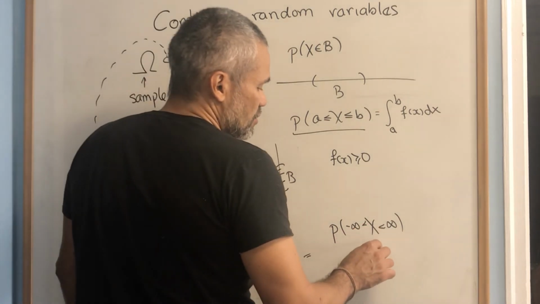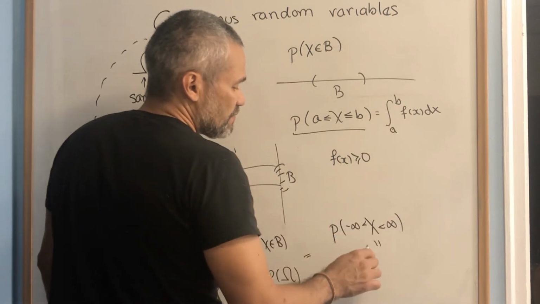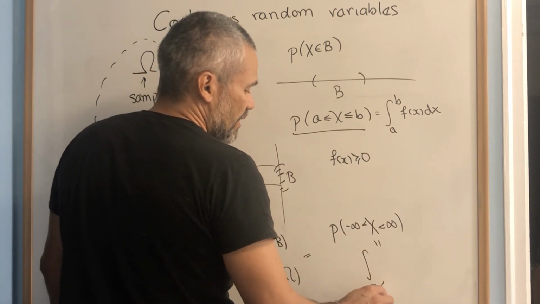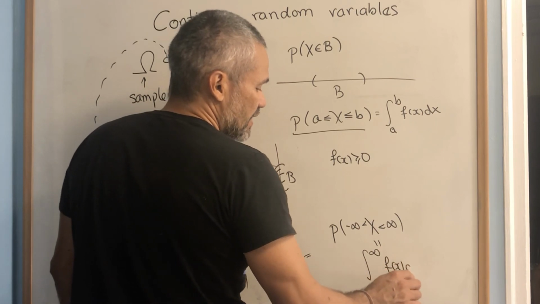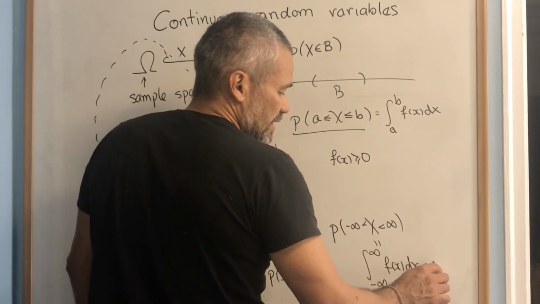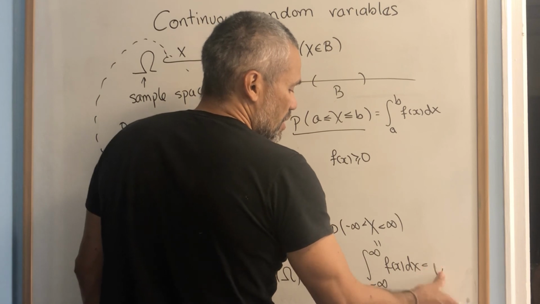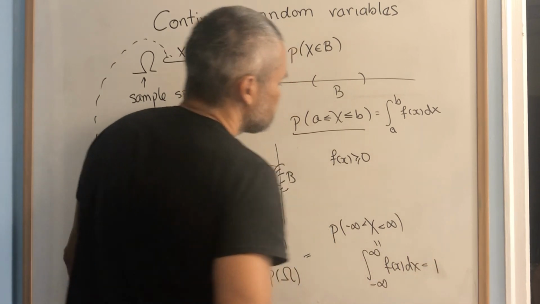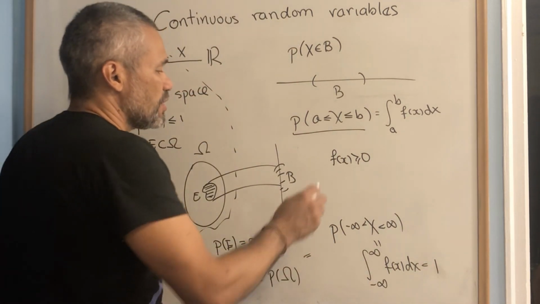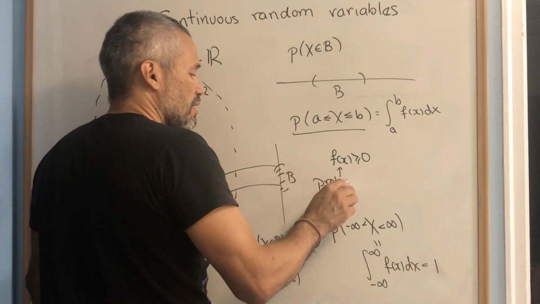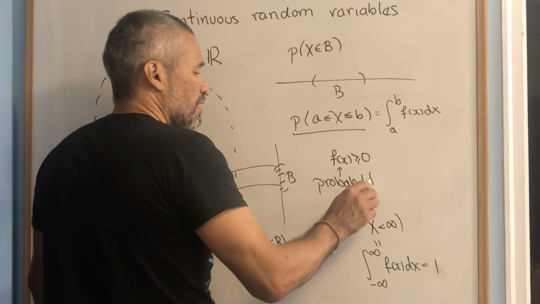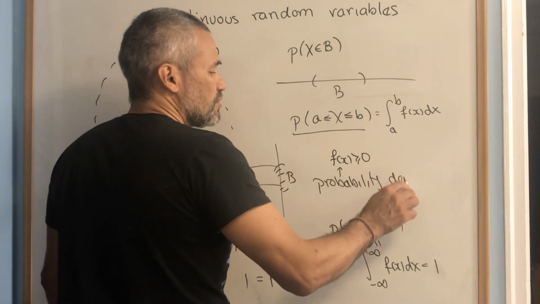So one of the conditions that we want from this function is that the integral from negative infinity to infinity of f of x dx is equal to 1. We're going to call this function the probability density function.